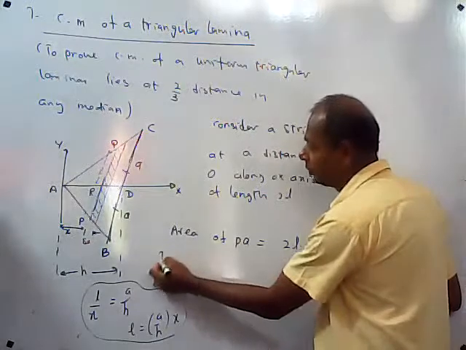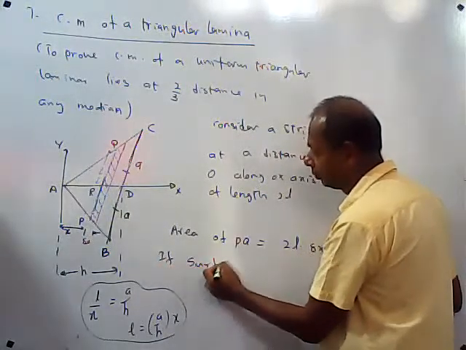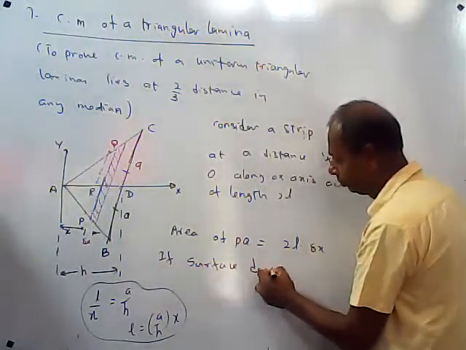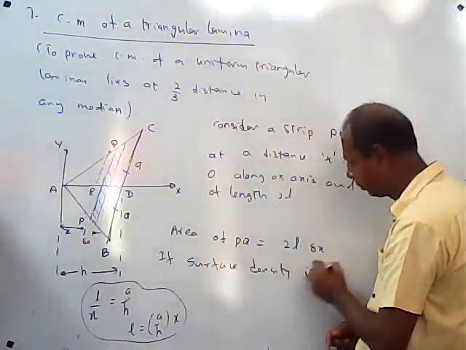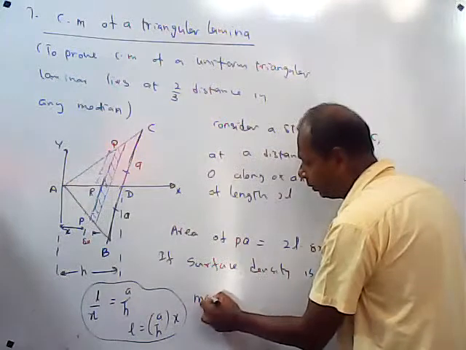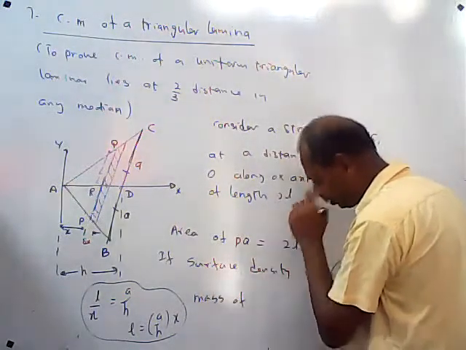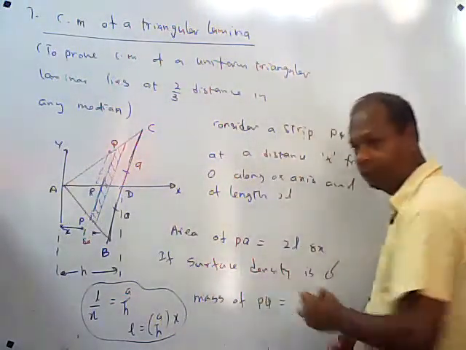If surface density is sigma, the mass of the strip is a different product.